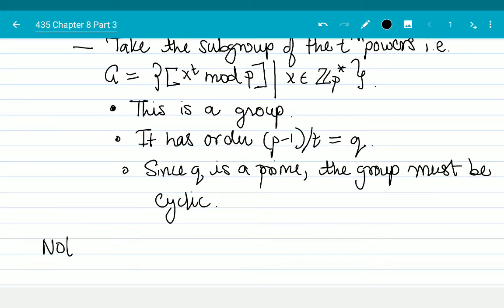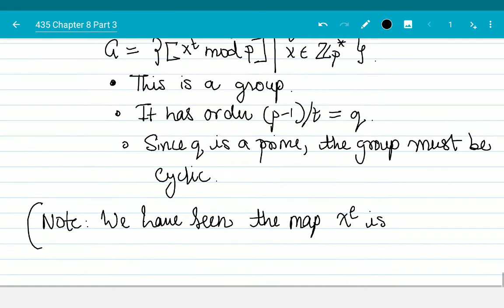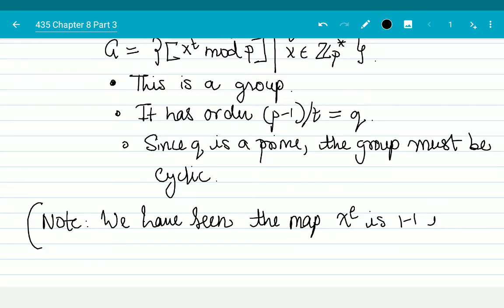Note we have seen the map x to the e is one-to-one if and only if GCD of e comma m is equal to 1.